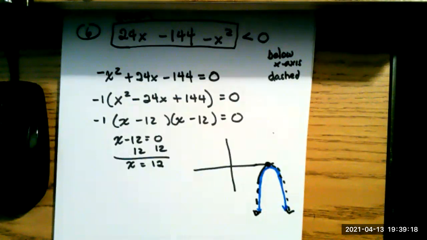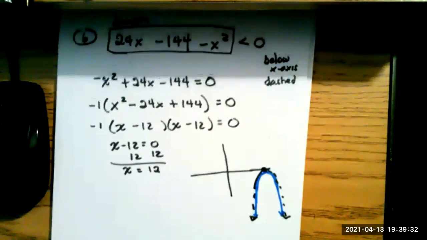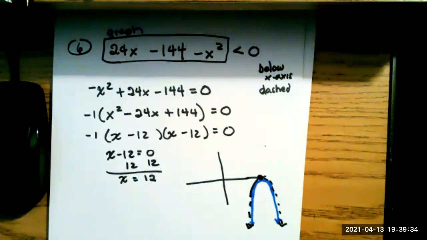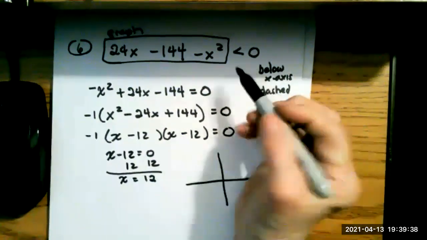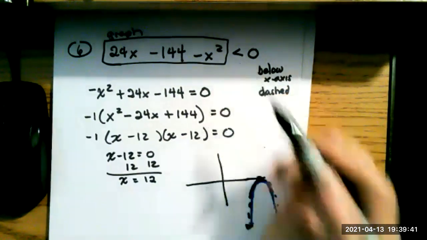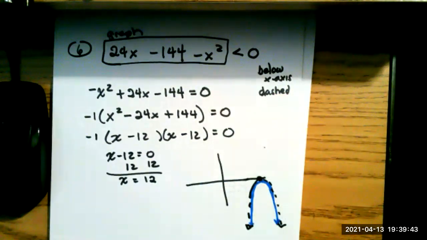So why wouldn't I just put the whole curve? Why can't I just put the whole thing, the x squared minus 24x plus 144 with a minus in front of it? Because one point is actually at the x-axis. Yes. And if this had been less than or equal to, I would have done the whole curve.